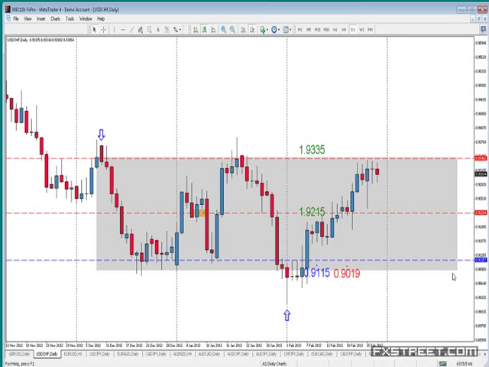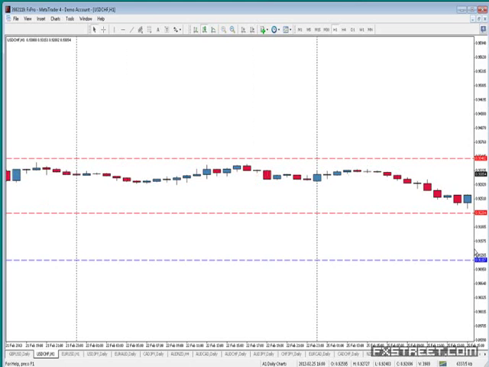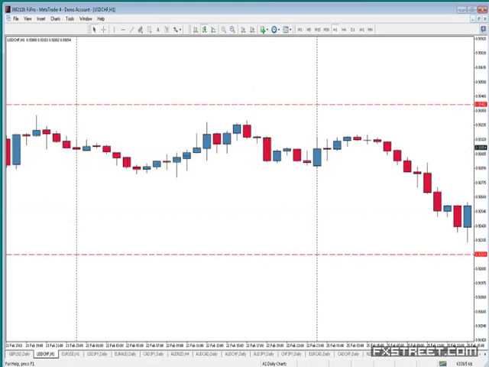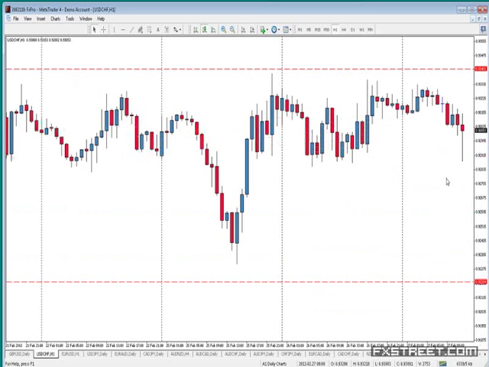That's kind of what it looks like to me. Now, if I look at the 1 hour, because I think you were talking about the 1 hour as well, what do I see in the 1 hour chart? I don't really see much.